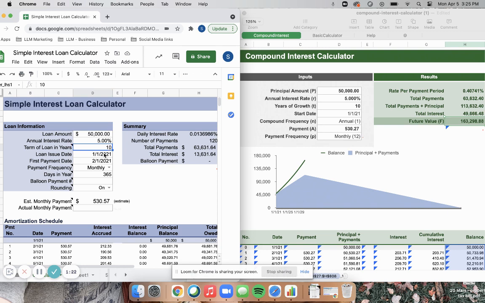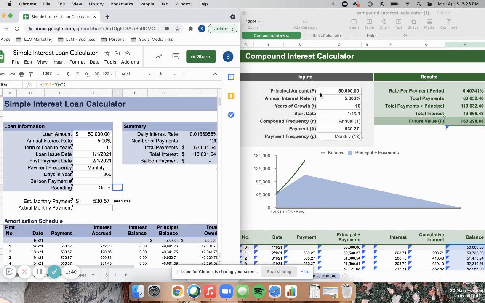But just to have an apples-to-apples comparison, let's assume we were taking this out for a 10-year period, and we were going to make a monthly payment of $530 back to our policy for 10 years to repay this $50,000 loan that we took out.